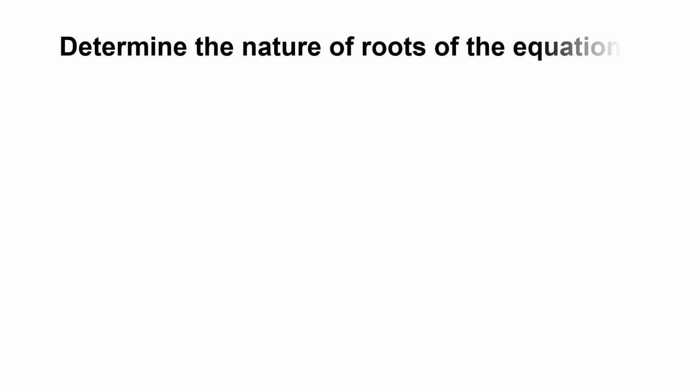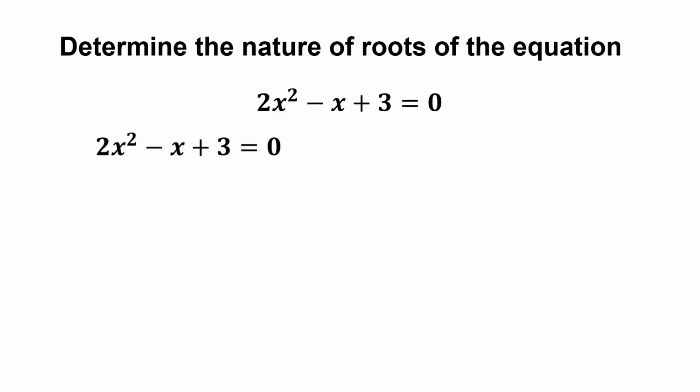Let's have an example. Determine the nature of roots of the equation 2x squared minus x plus 3 is equal to 0. Here you don't need to compute for the roots of the equation in order to describe these roots, but you need to identify the coefficients and compute for the discriminant. You will use this value to describe the nature of the roots.